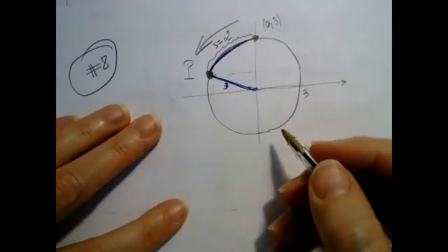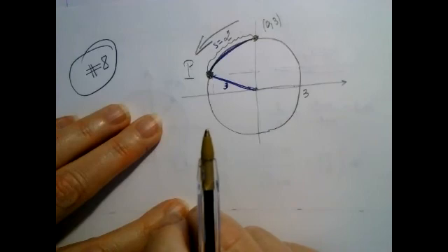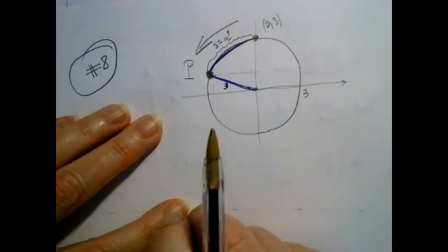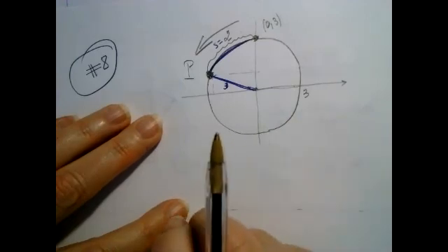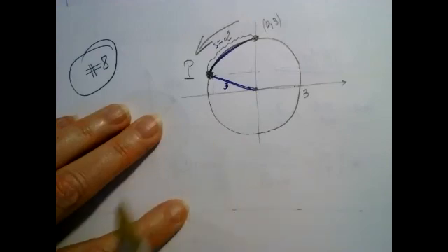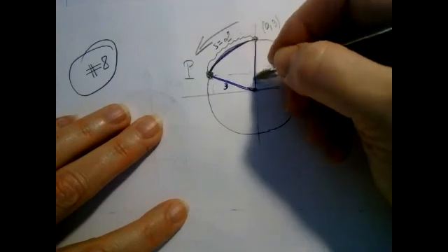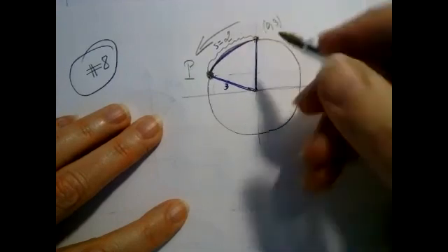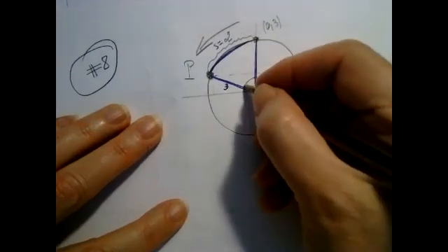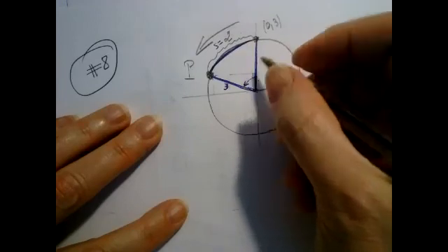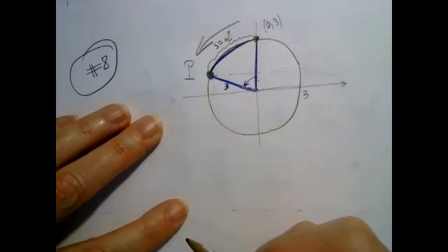Theta is from the beginning of the x-axis to your point. No, which theta does it give you? The theta from the y-axis to here. That's the angle that's cut off by this arc.